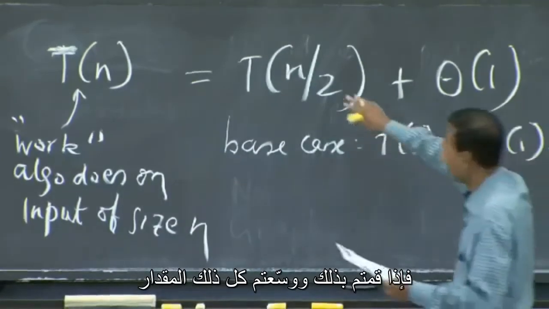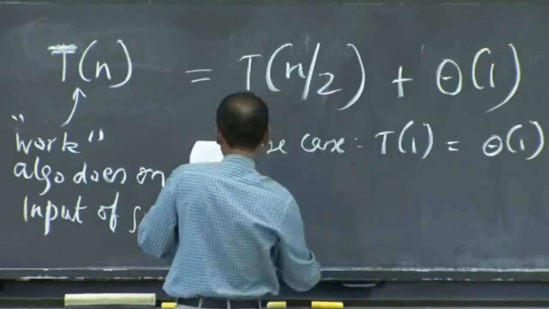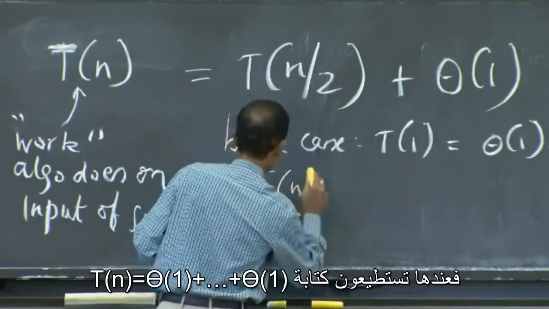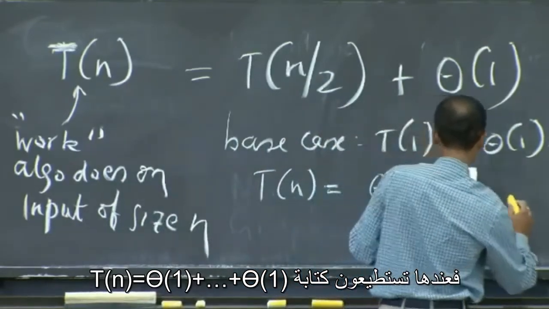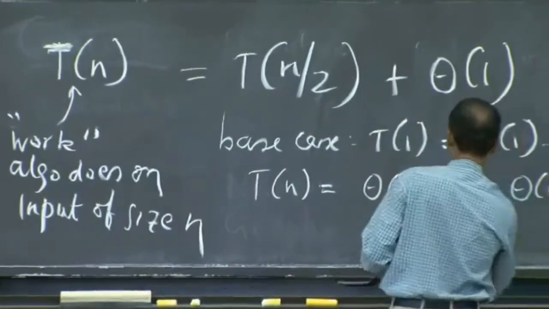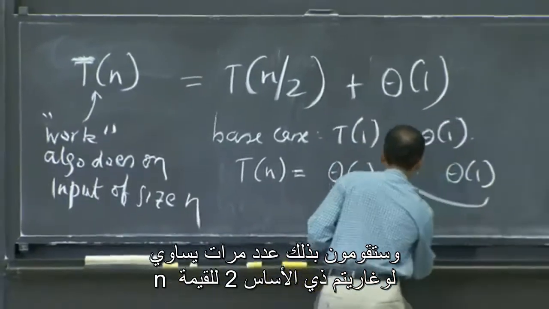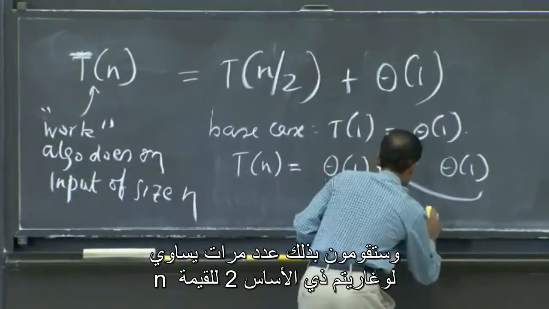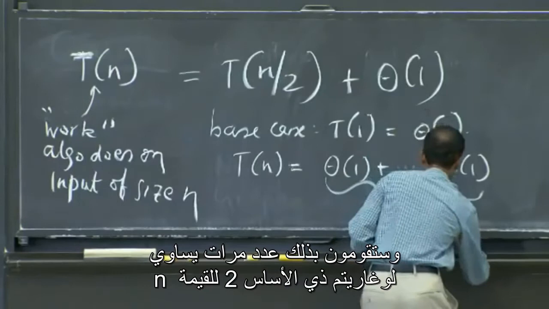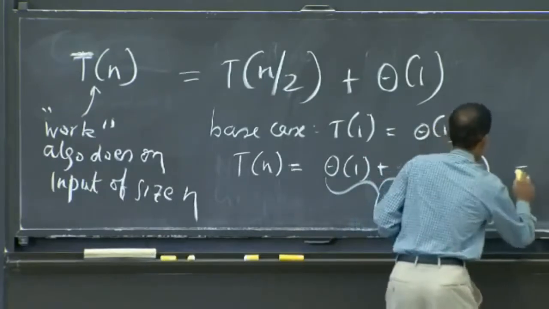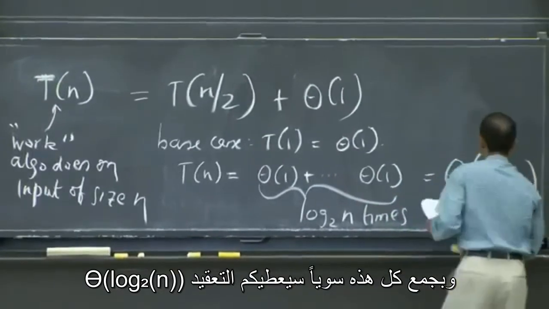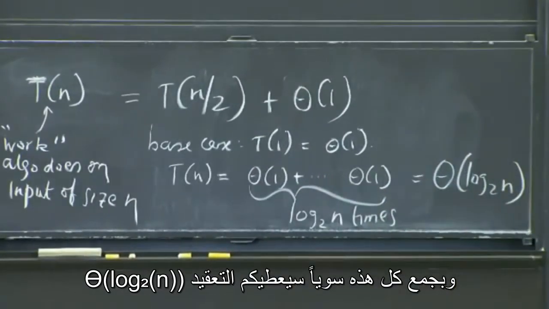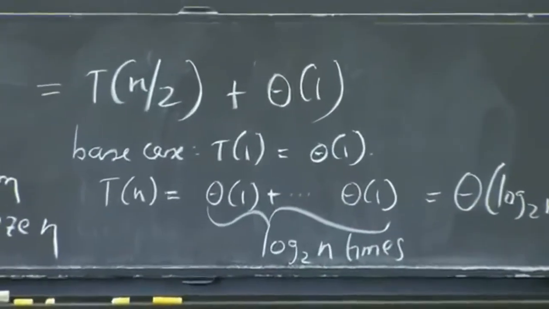And so if you expand it all the way out, then you can write T of n equals theta 1 plus theta 1, and you're going to do this log to the base 2 of n times, and adding these all up gives you a complexity theta log base 2 of n, right?